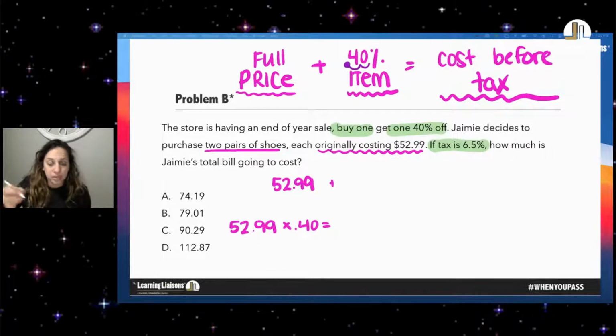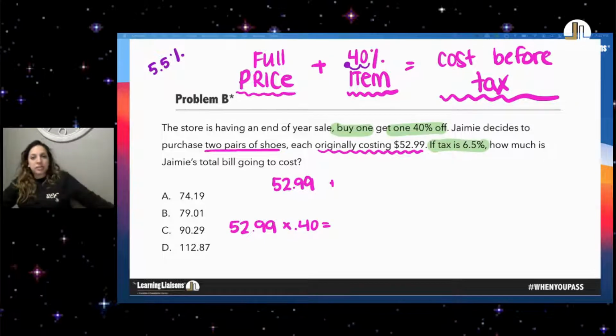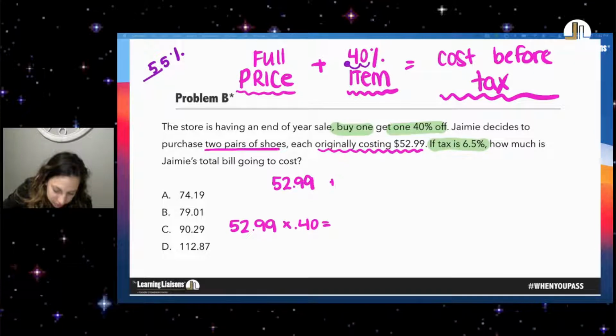So I get 0.40. If it was 5.5% and I needed to convert that, I already have a decimal place, and so I'm going to move it 2 spaces to the left. And so that would give me 0.055.